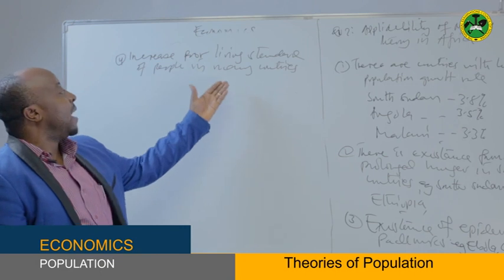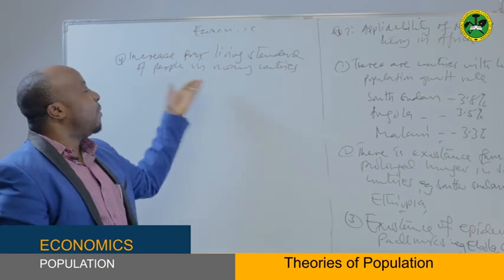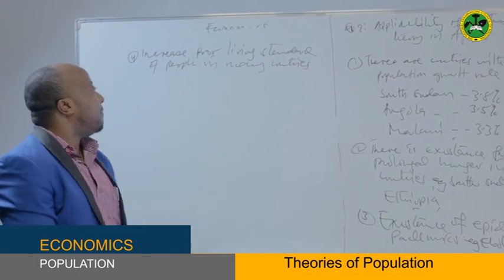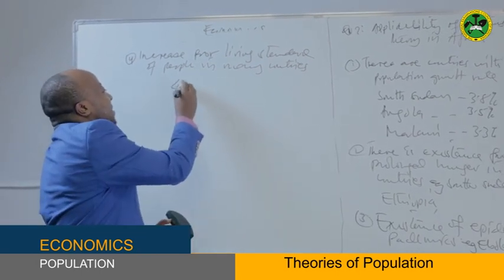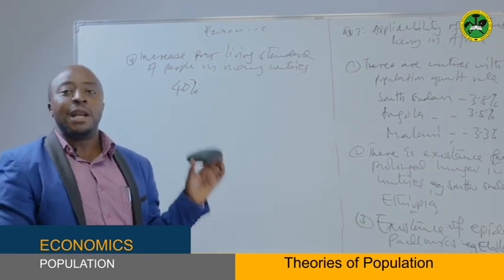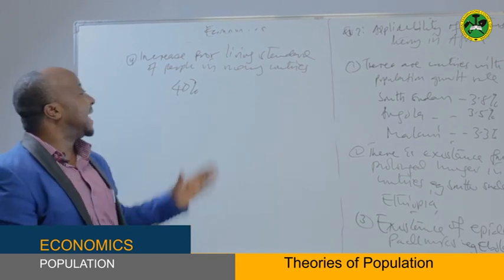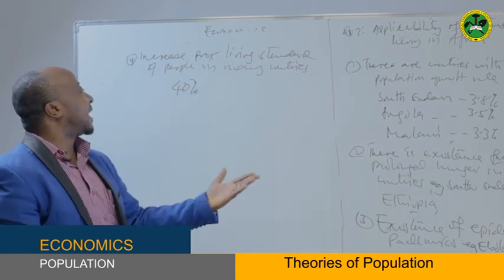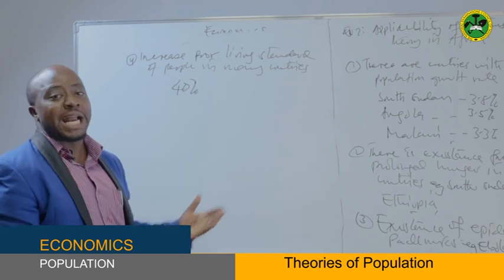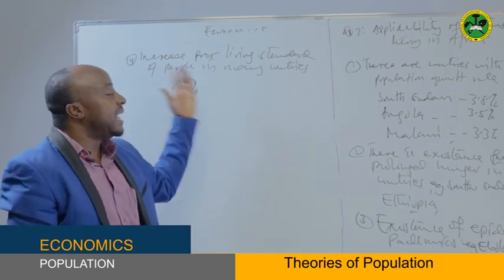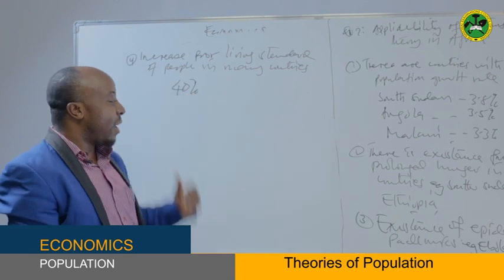So most of the people in Africa are in poor living standard in many countries. It is suggested that more than 40% of the African population are living below the poverty line. This indicates that these people are living in poor living standard. This is one of the cases.